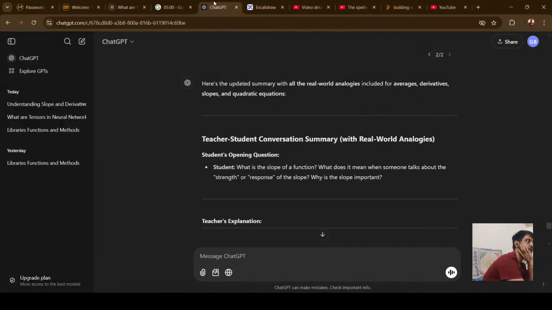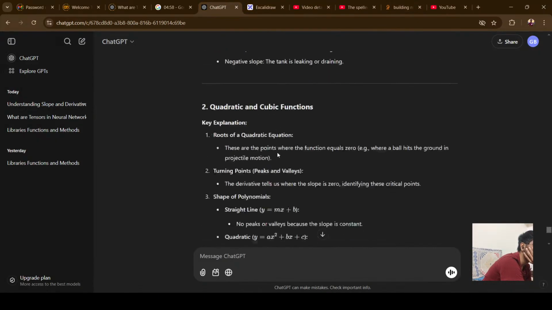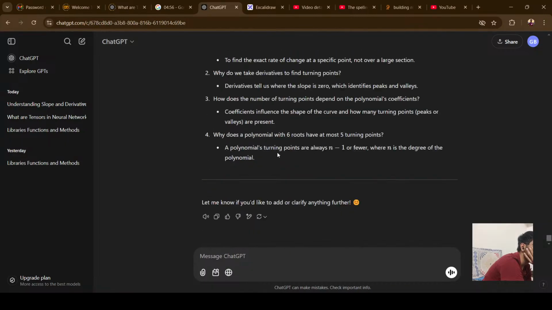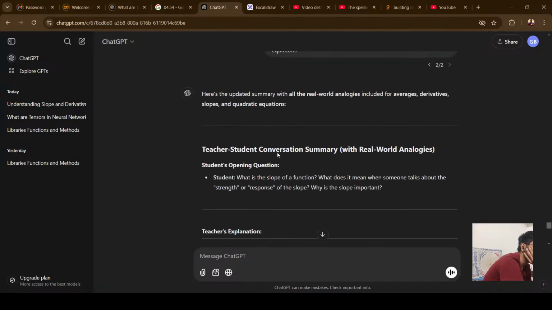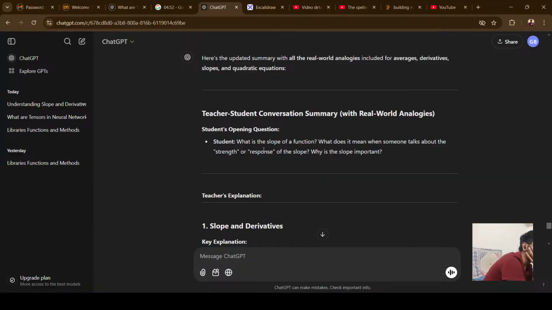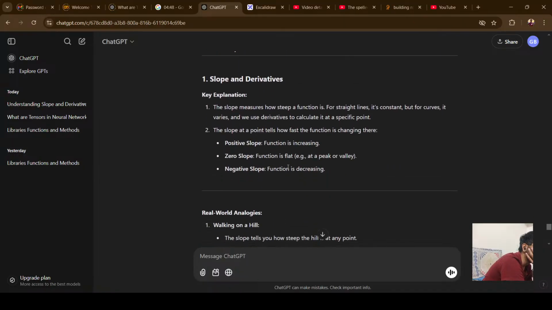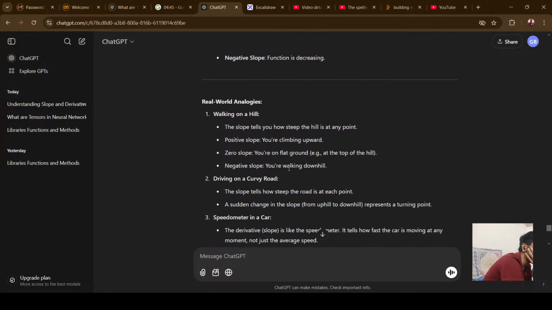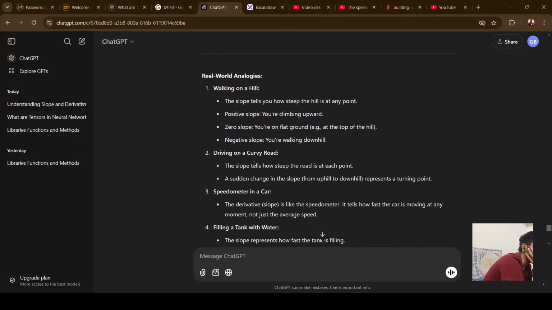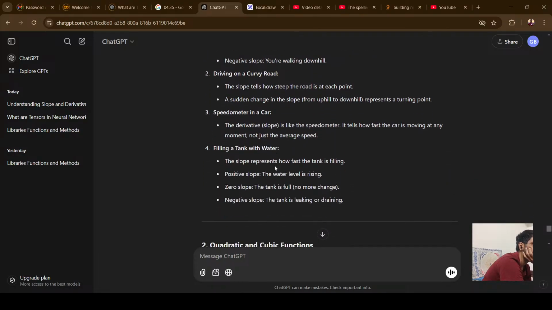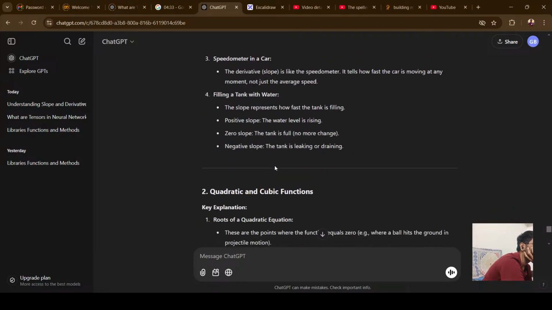Okay, so ChatGPT must have completed. Let me check. What is a slope teacher explanation? Function is increasing, function is flat, function is decreasing. The derivative is like the speedometer, it tells how fast the steepness of the road suddenly changes, it represents a turning point.